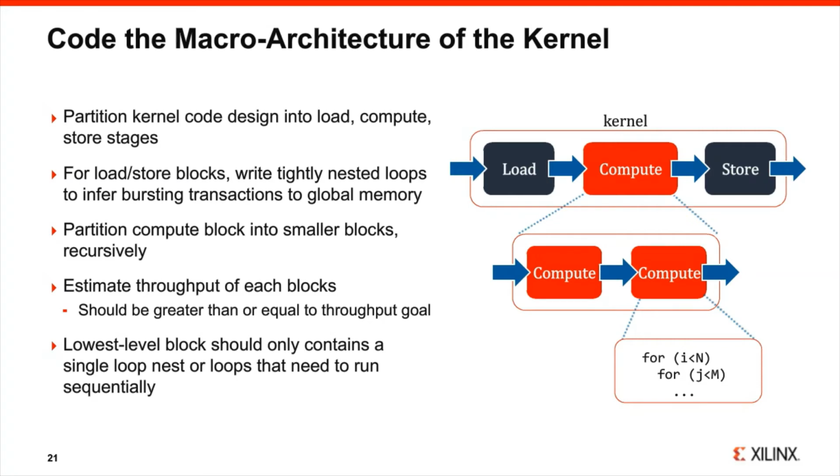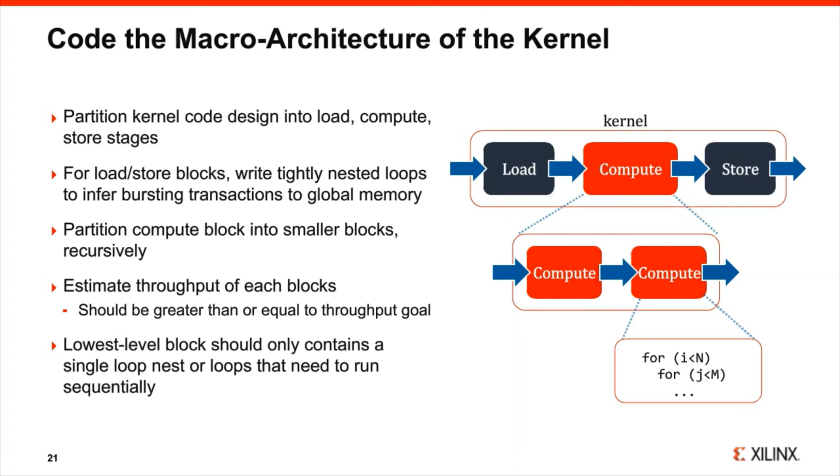Compute is obviously where you do the processing. It can be a single function, but most likely you will have multiple functions because most of the time you want to decompose the compute into sub-functions. Make sure you measure or estimate the throughput of each block.